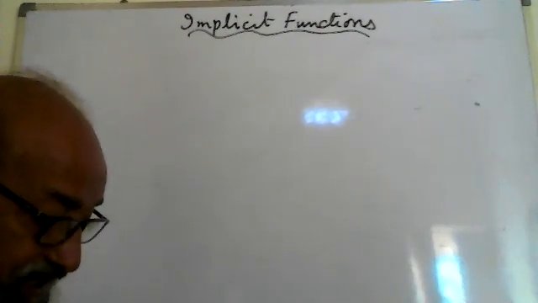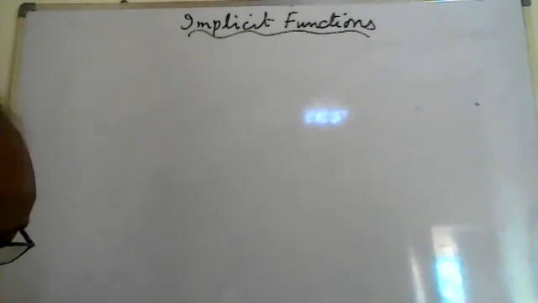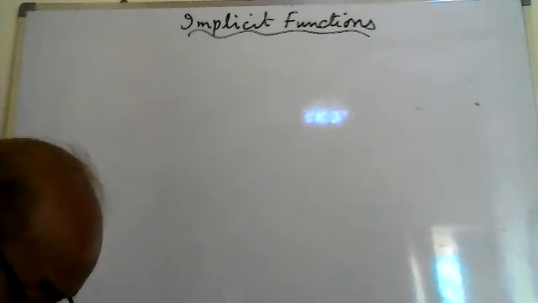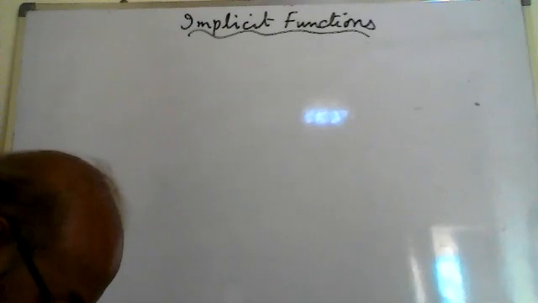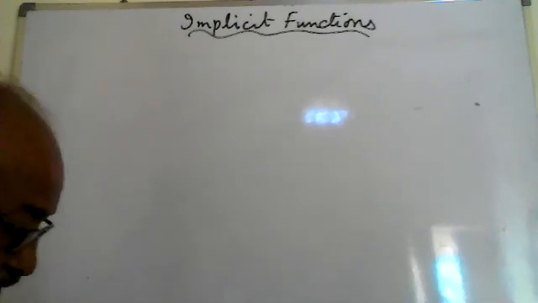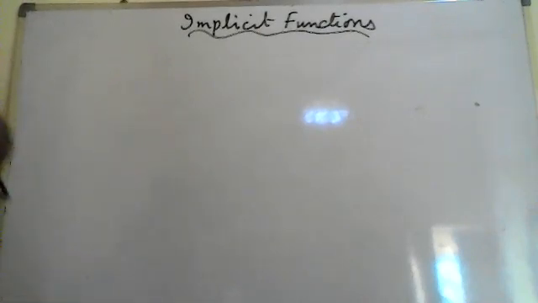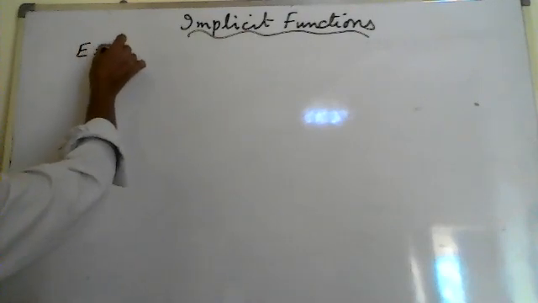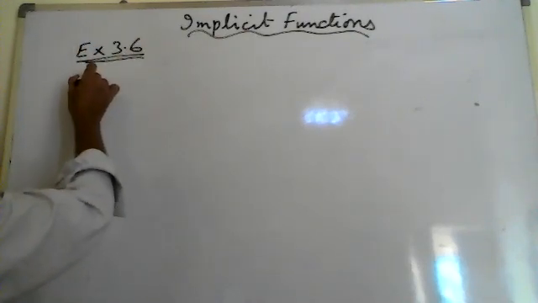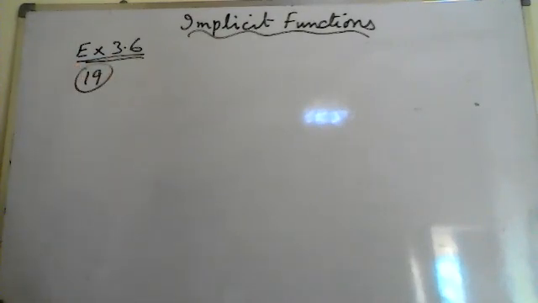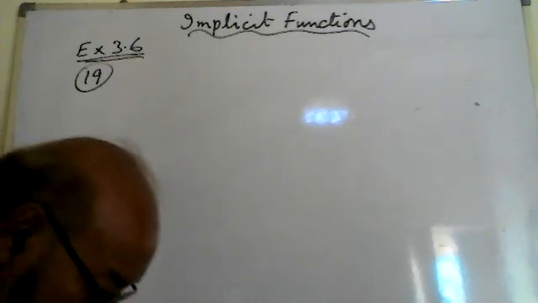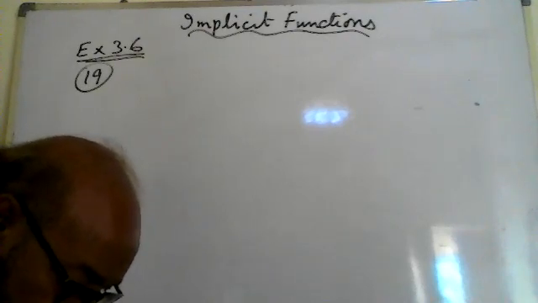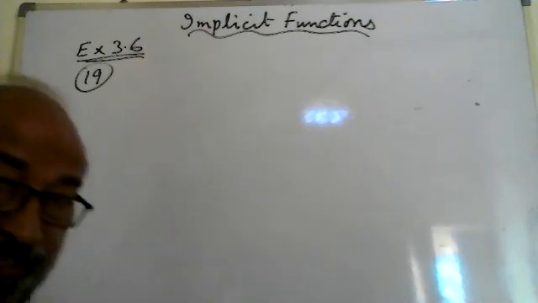So in exercise 3.6, we will find dy upon dx in implicit functions. So exercise 3.6, question number 19. Use implicit differentiation to find dy upon dx in question number 19 to 32.